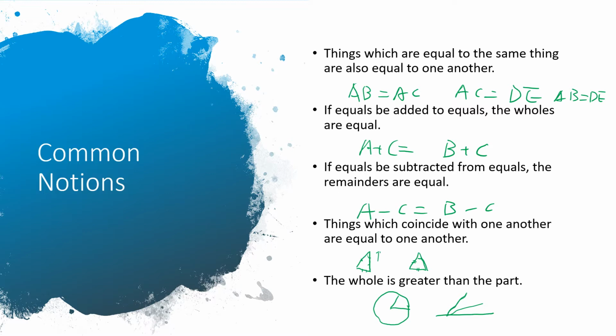So you will see 23 definitions, 5 postulates and 5 common notions. That's all you need. And from now on, if you see some theorem in this geometry world, you will challenge it: why does this happen?